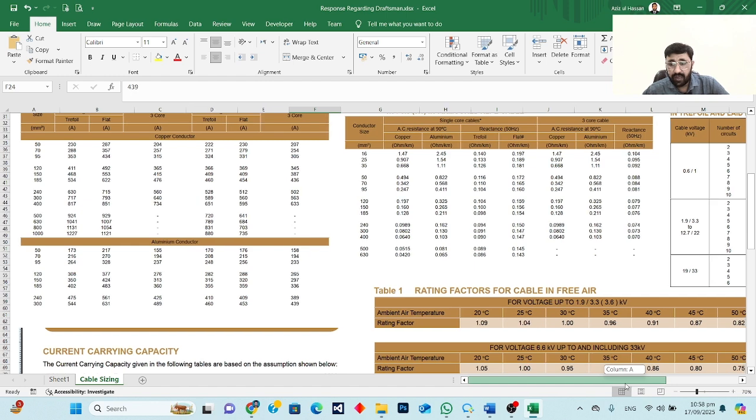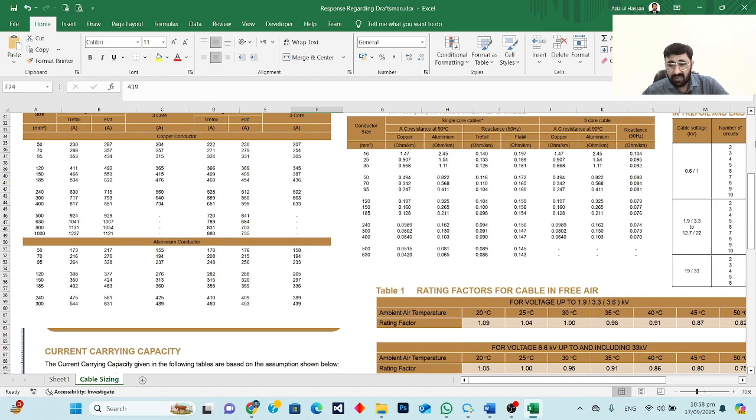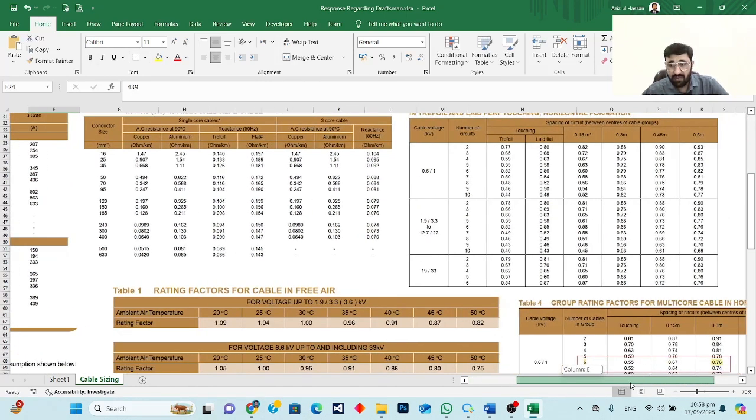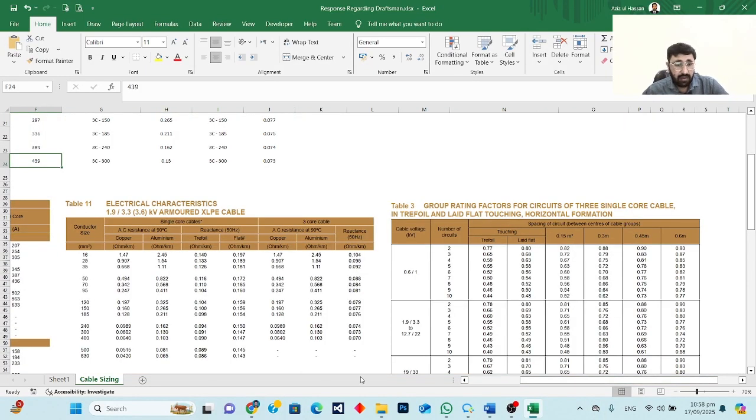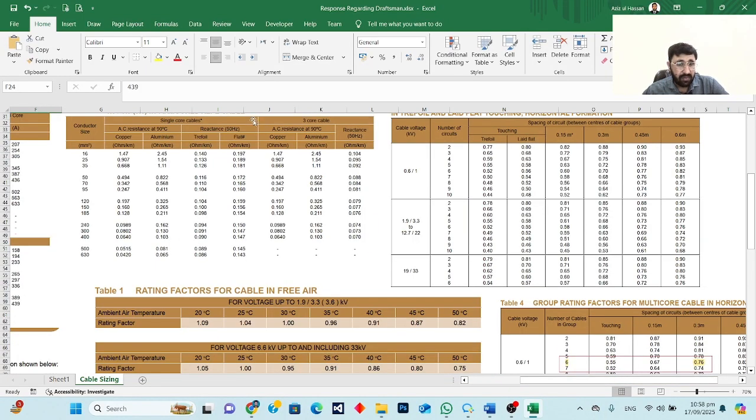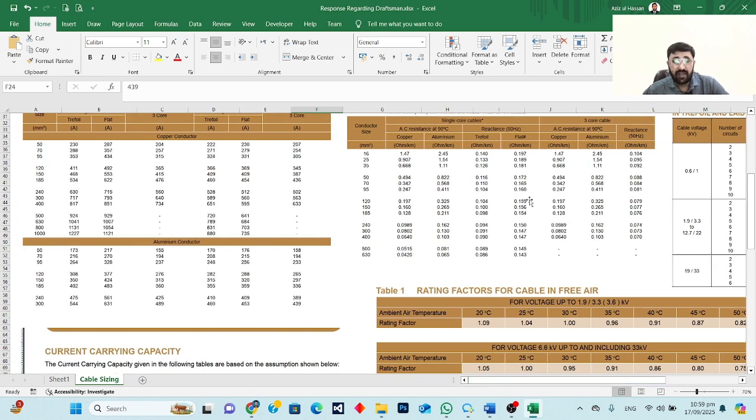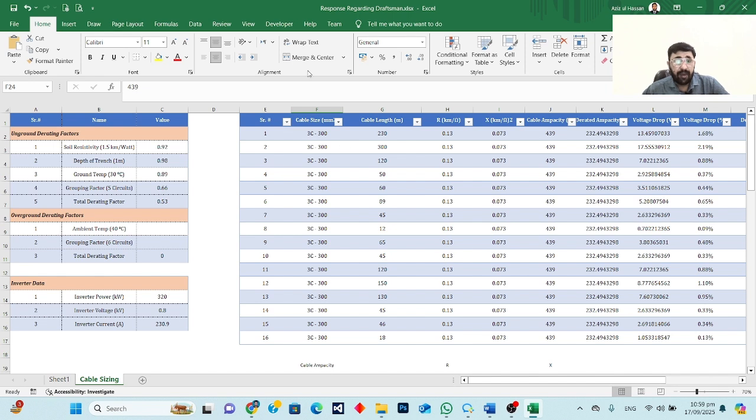From that you can check that these are the AC resistance at 90 degrees and the resistance and reactance at 50 degrees. So that is why I have selected this value, and I have applied this. These are the list I have applied, like the 300, and these are the cable lengths.